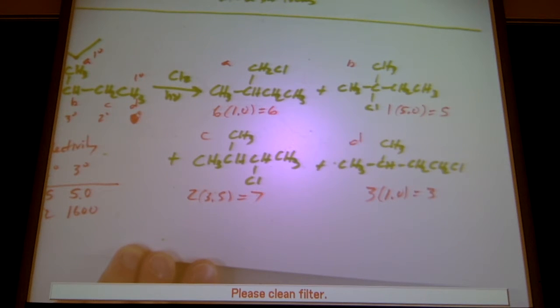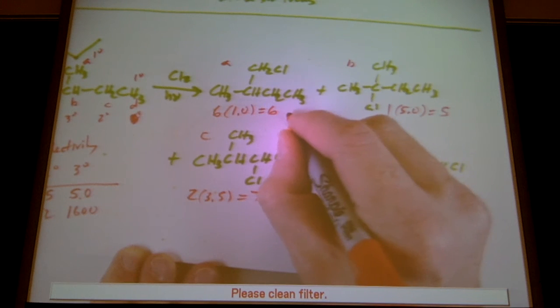Now I want to do a percentage. So to do a percentage, I need to add up my total here. Is that 21? 6 plus 5, 11, 18, 21.